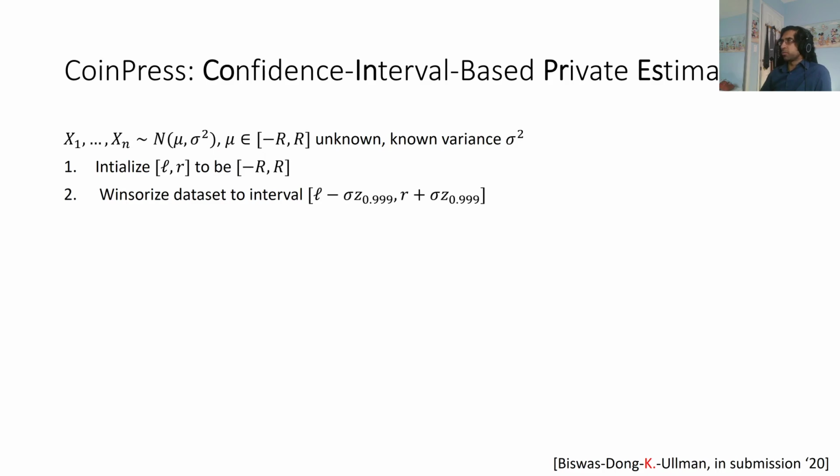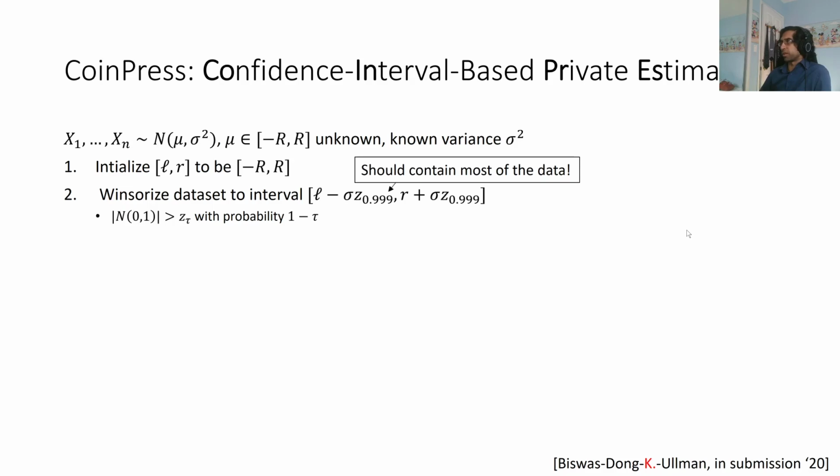Essentially, we start with the interval L comma R, where we know the mean is, but then we widen this to contain pretty much all of the data, in the sense that even if the mean was at, say, R, this addition here makes it wide enough to hold, say, 99.9% of the data. This Z is a tail bound for the Gaussian. So this means that almost all of the data will fit within this interval.